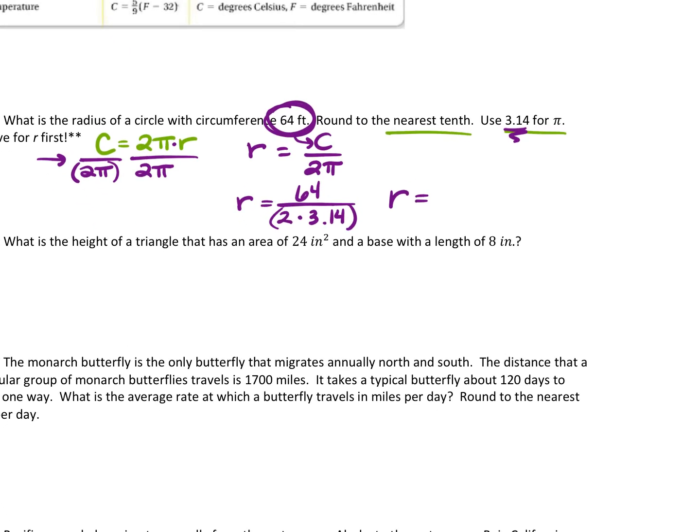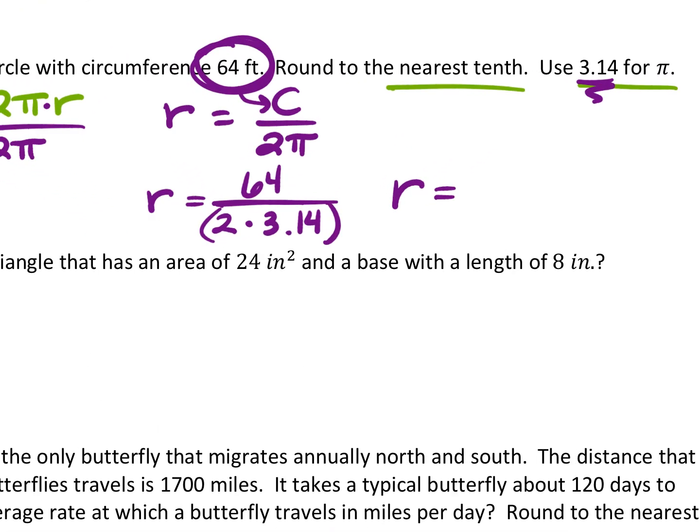To the nearest tenth, so 1 decimal place. Did I lose you? Come back. Plug in 64 divided by, and then parentheses around your 2 times 3.14, or turn 2 times 3.14 into 6.28. What do you get? Plug it in, because some of you are going to do this wrong, and I need you to see why. 10.2. 10.2 is correct.